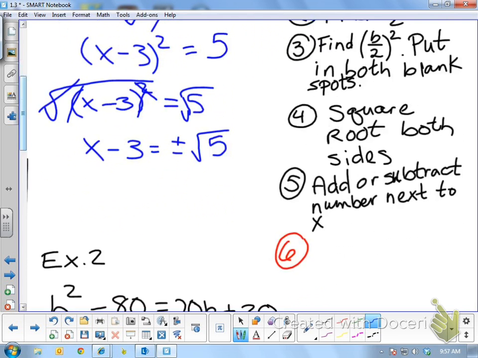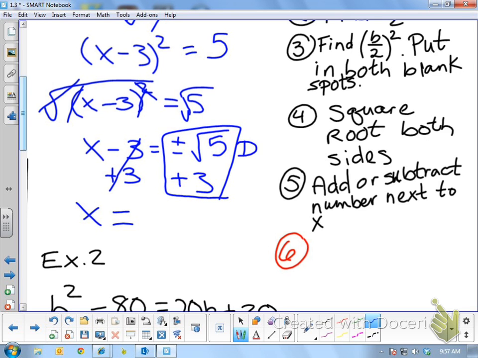Okay, so we have to get rid of the 3. How would I get rid of the 3? Opposite operations. We'd add 3 to both sides. So now we have our x equals, which is what we were looking for. These two numbers do not combine. They are not like things.